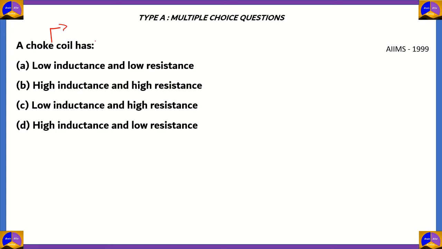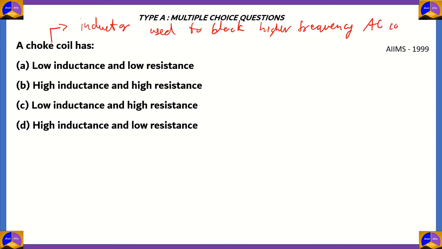A choke coil is basically an inductor in a circuit which is used to block higher frequency current. And higher frequency means that this has to be an AC current, because alternating current goes at a high frequency.